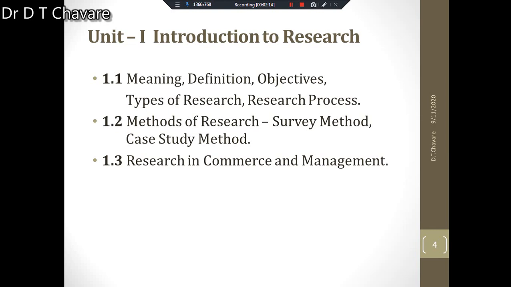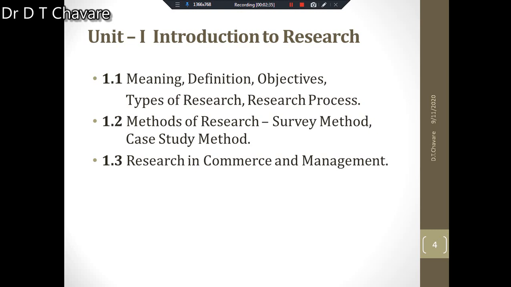Now in this syllabus, the first unit is entitled Introduction to Research. In this unit, you have to study the meaning, definition, objectives, types of research and research process also.